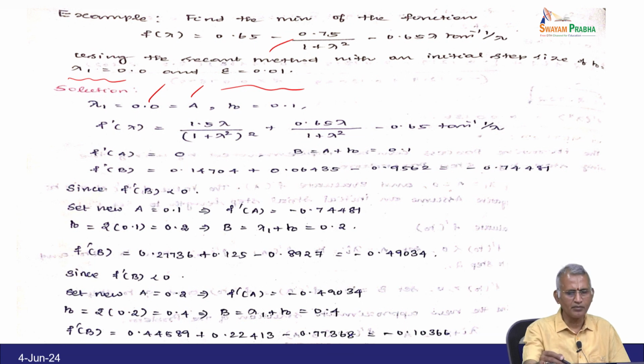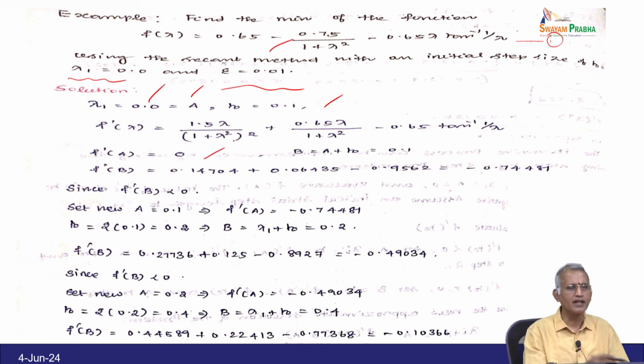Therefore, f dash of lambda equal to the differentiation of equation 1. Therefore, 1.5 lambda by 1 plus lambda square the whole square plus 0.65 lambda by 1 plus lambda square minus 0.65 tan inverse of 1 by lambda, and put lambda equal to A, the value is 0.